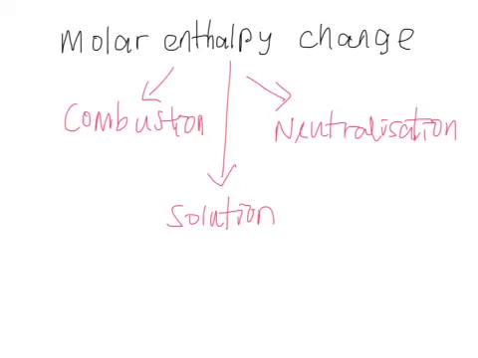As the name implies, combustion refers to the burning of a chemical in the presence of oxygen. Solution means dissolving a substance in water, whereas neutralization is transferring hydrogen ions from an acid to a base. So what I would like you to do is to look up the proper definition for all 3 molar enthalpies.